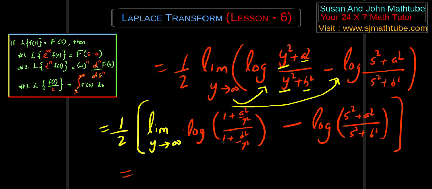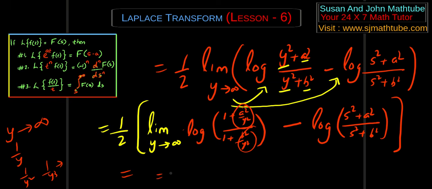And this will be, of course, 0, because when y becomes very large, 1 by y, 1 by y square, 1 by y cube, everything becomes very small. And log 1 is 0.